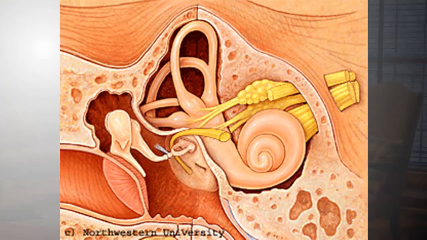In the middle ear, we have an eardrum, which vibrates when the air hits it. Inside we have three little bones which vibrate the same way as the eardrum vibrates, and they are connected to something which is called the inner ear.